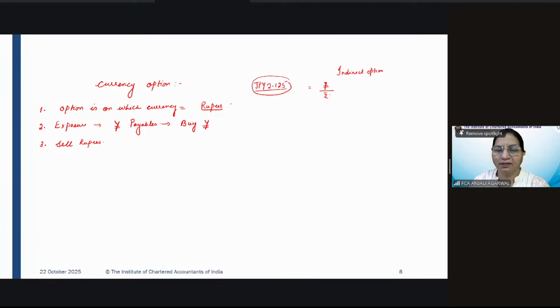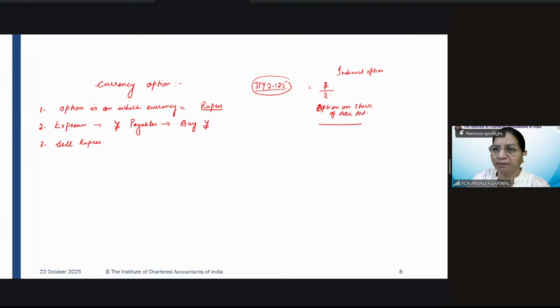When you're looking at the currency, it is sometimes a little tricky to find out the option is on rupee or yen. So I recommend you to always look at this. Let's say there is an option on a particular stock, option on stock of ABC Limited.